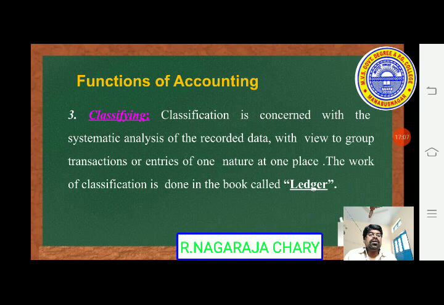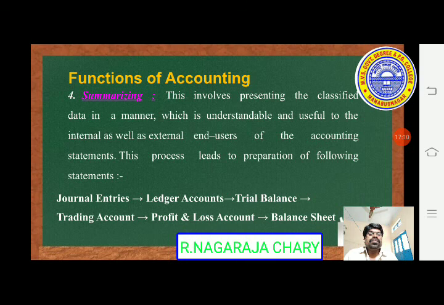After recording we have to classify, then summarize. This involves presenting the classified data in a manner which is understandable and useful to the internal as well as external end users of the accounting statements. This process leads to preparation of the following statements.